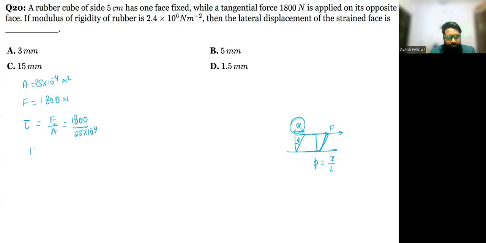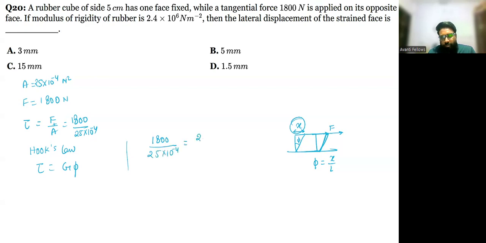According to Hooke's law, we can say tau is equal to G phi. So tau is given as 1800 upon 25 into 10 raised to the power minus 4.